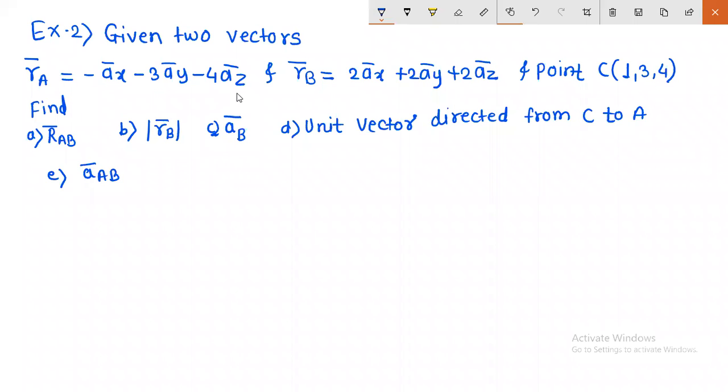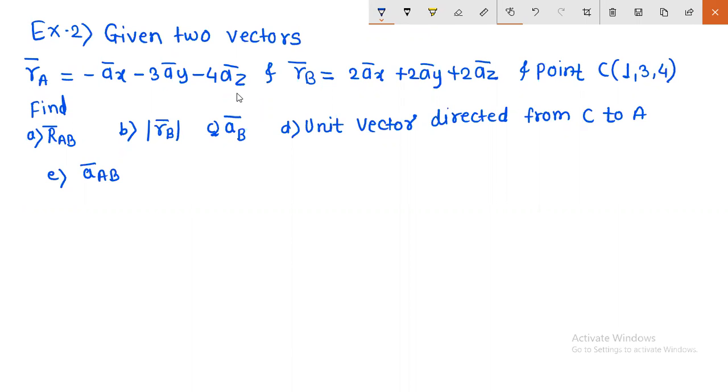So just tell me, small r bar a and small r bar b are given, point C is given. Then how to find this capital R bar AB? B bar minus A bar. B bar minus A bar means it is simply small r bar B minus small r bar A. Correct, you are right.